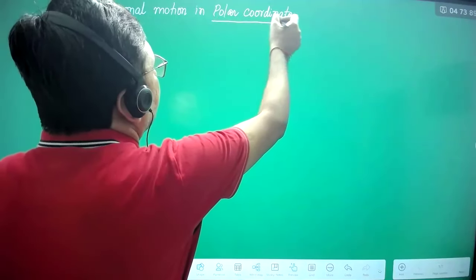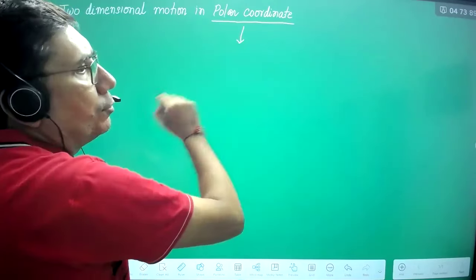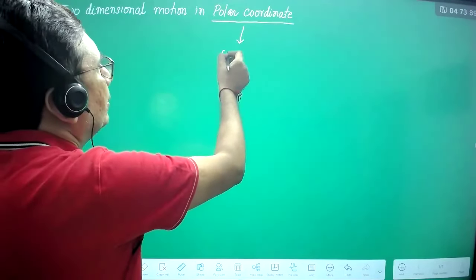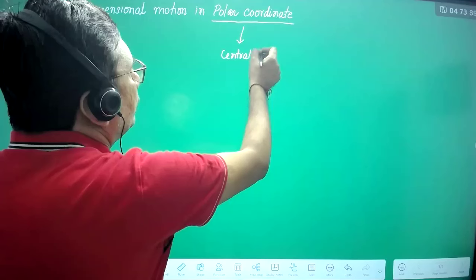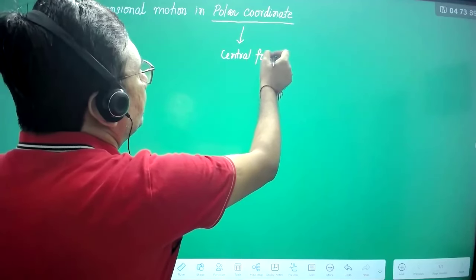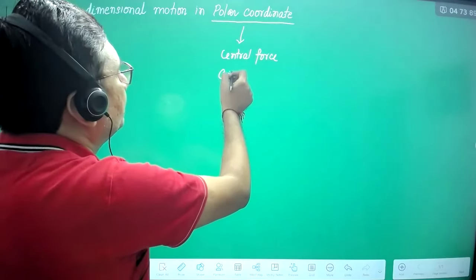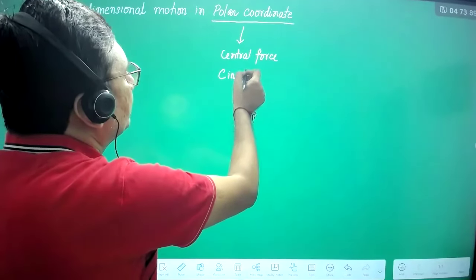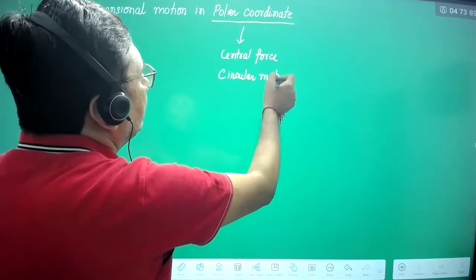Polar coordinates will be very useful, particularly in two types of questions here. One related to central force problems, and second, related to circular motion. ठीक है?